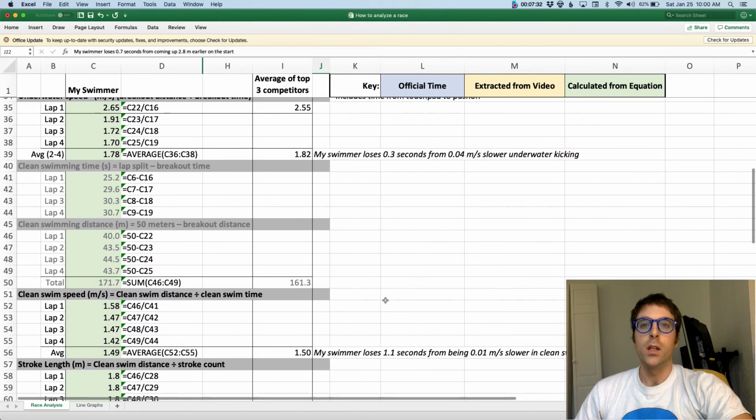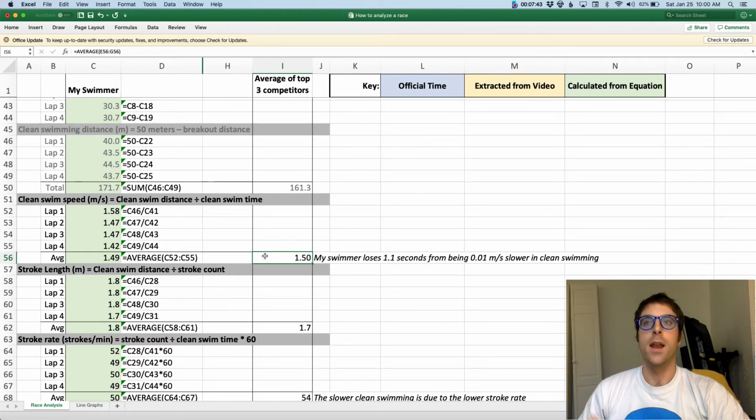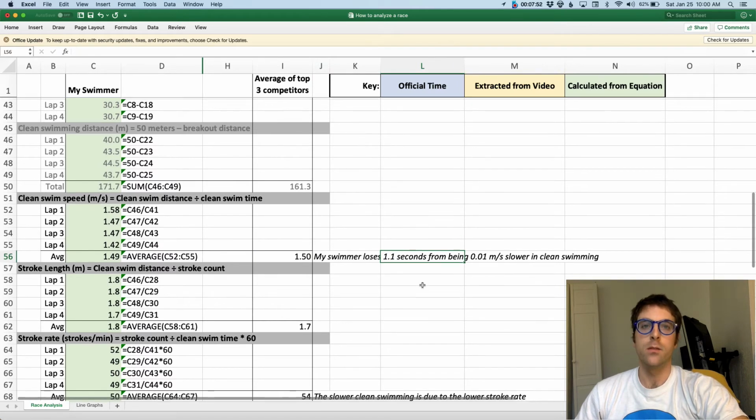Now, when we look at clean swimming, her speed was only 1/100th of a meter per second slower than her average competitors. But when you spread that out over the 160 or 170 meters of clean swimming over the course of a 200-meter race, that adds up to 1.1 seconds overall.